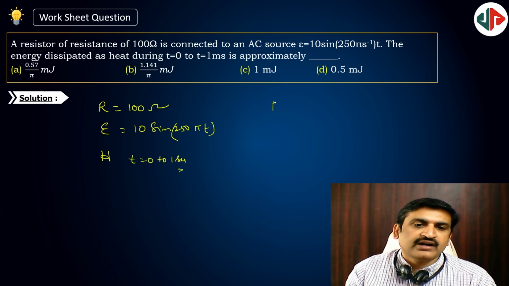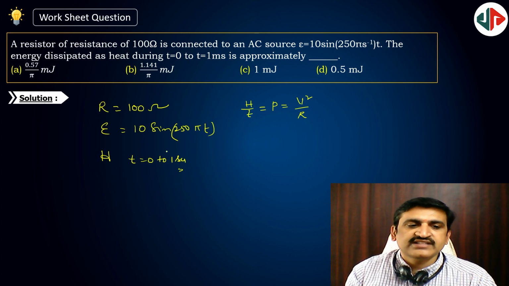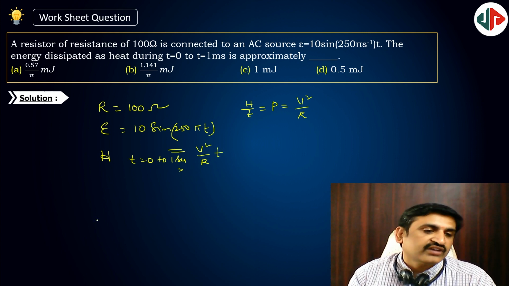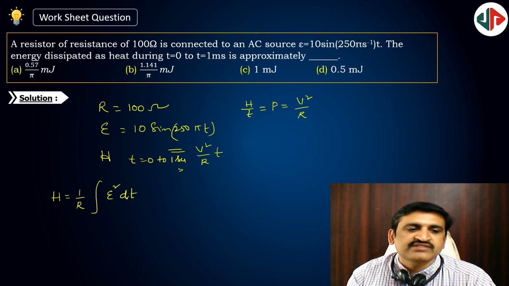We have power is equal to V square by R. Power is nothing but the rate of doing work, that is heat by time. So heat is equal to V square by R into T, but here it's a variable EMF. How can you take the V value? For that, heat produced is equal to 1 by R integral E square dt, the instantaneous value, over time t.